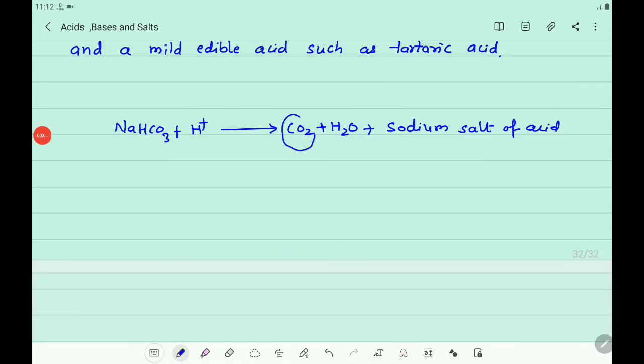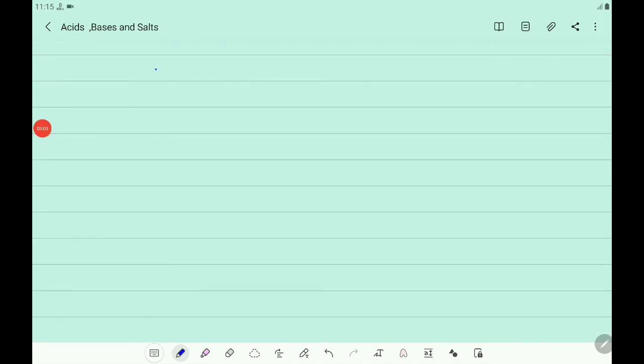The carbon dioxide produced during the reaction can cause bread or cake to rise, making them soft and spongy. So baking powder is used in the preparation of bread and cakes. So you write the uses of baking powder.